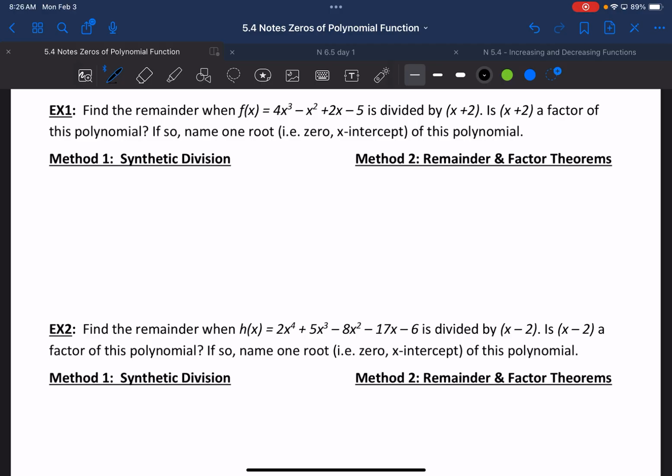Basically, you're checking to see is x plus 2 a factor. Okay, so I want you to try it using both methods. First, do synthetic division, and then plug in the actual value like we just did on the front. So I'll give you a second to check. If you get example 1, you can go ahead and try example 2 as well.